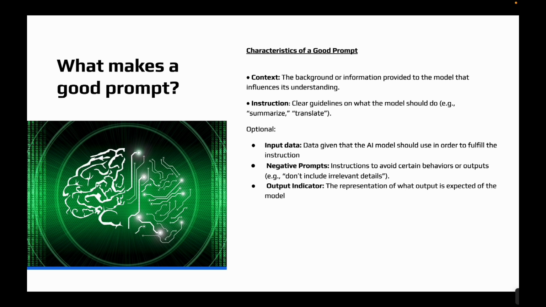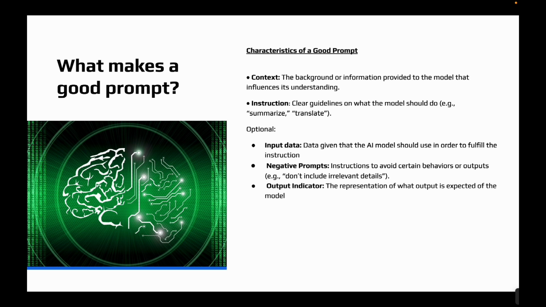Another thing is instructions, which are clear guidelines on what the model should do. For example, when analyzing financial data, should it be taking the mean, median, mode, or should it be summarizing the data? There are multiple ways you can manipulate input data, and the instruction tells which specific way you want to manipulate it.